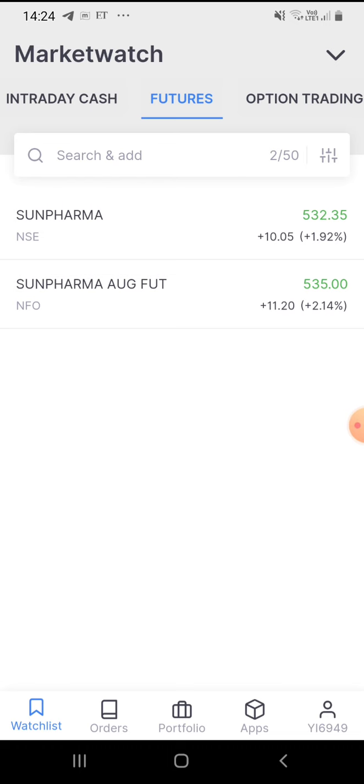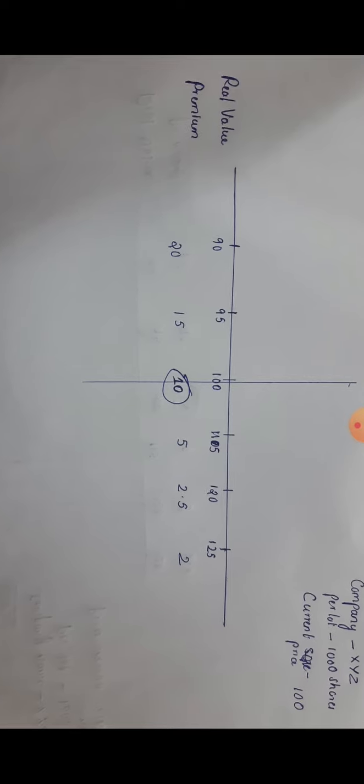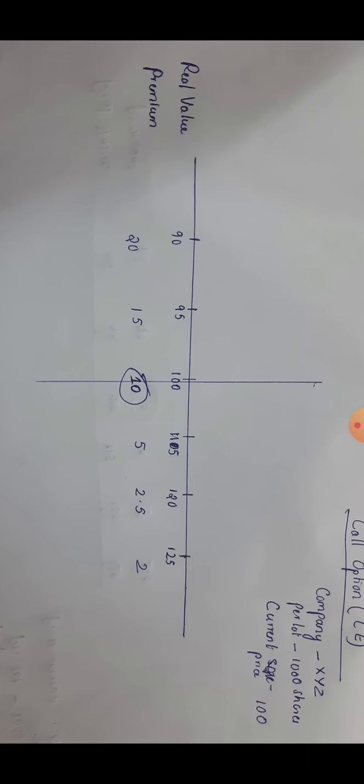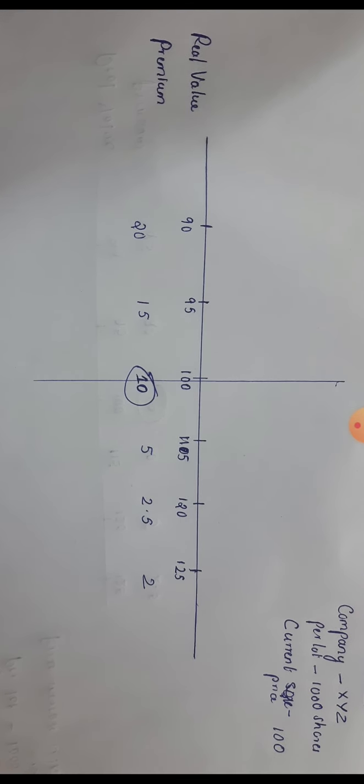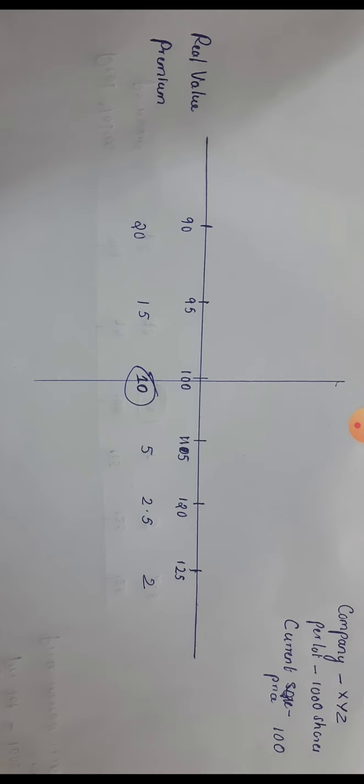For options we can take another one. Here it is the real value, one line you can see the real value down, premium, avoid premium, just concentrate on the real value.